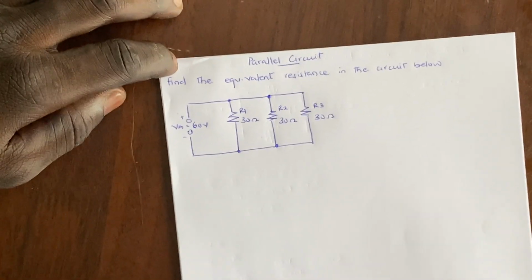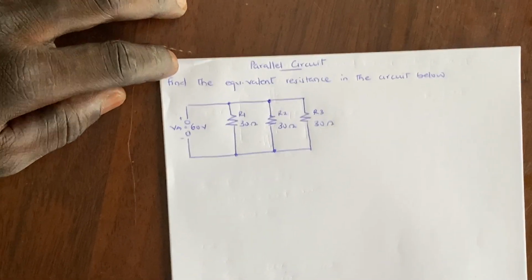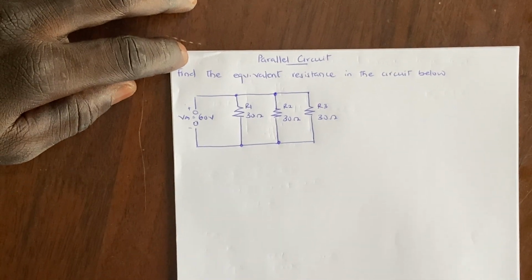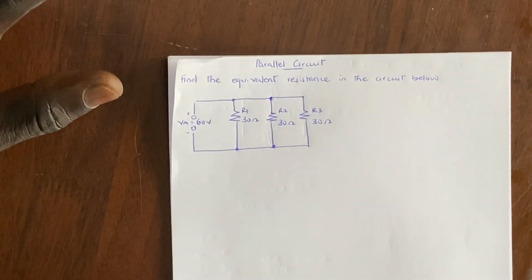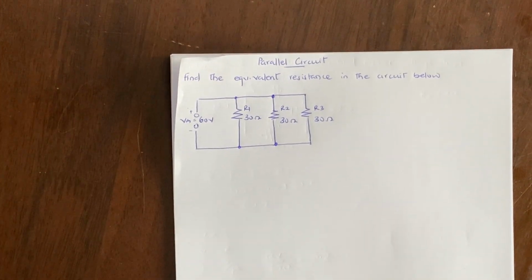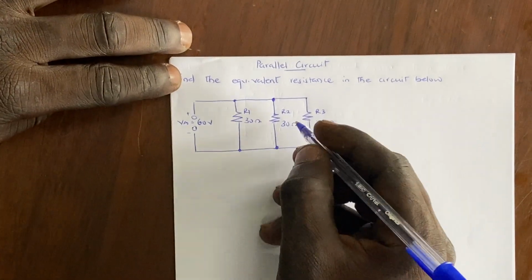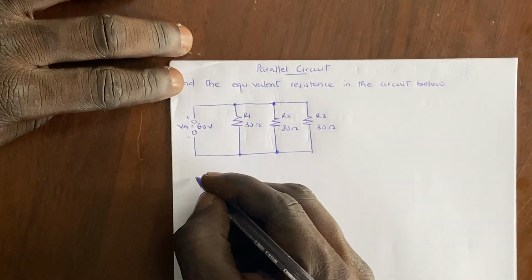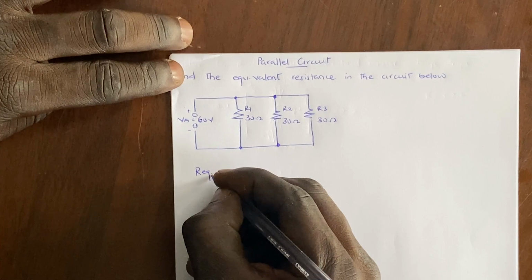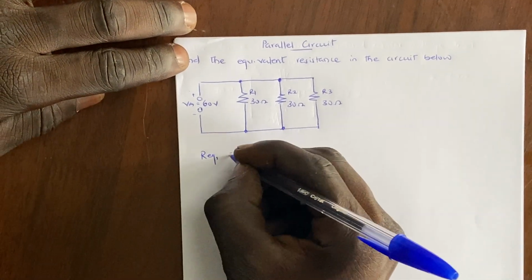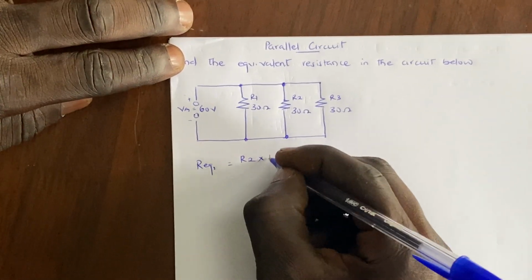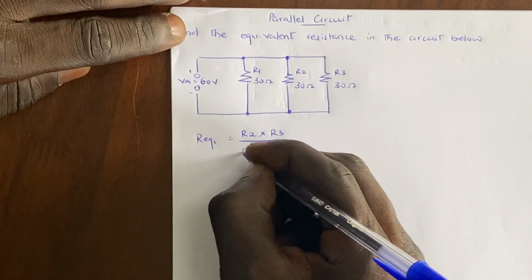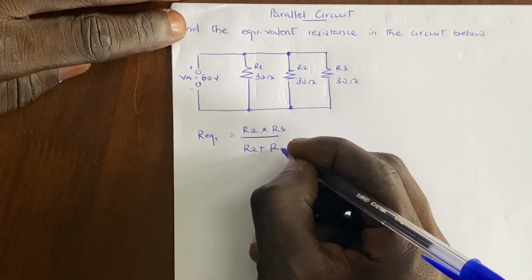Follow me. Whenever you are solving for resistors in parallel and there are only two, you just multiply the numerator and divide by the sum of the denominators, right? So for these two resistors, Req1 is going to be R2 times R3 divided by R2 plus R3.